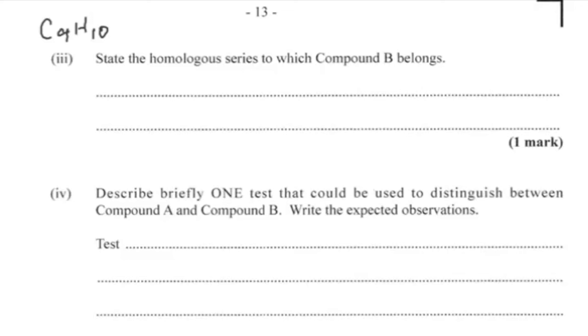All right, part 3. State the homologous series to which compound B belongs. So compound B, C4H10, mentioned it earlier, that belongs to the alkanes. Briefly describe one test that could be used to distinguish between compound A and compound B. Write the expected results.